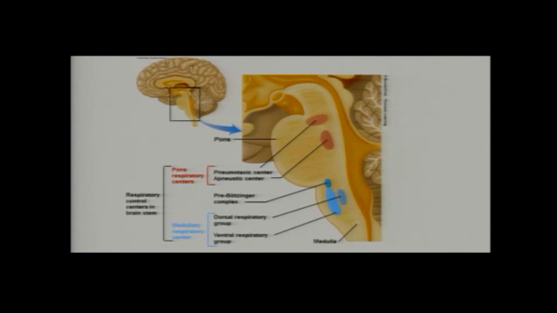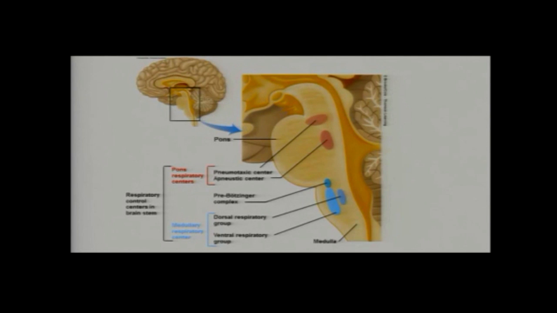Now, if you go farther up to the brainstem and look at the medulla and the pons, what you find is basically the respiratory center of the brain, the area of the brain where all respiratory activity, involuntary control of respiration, originates. Okay?